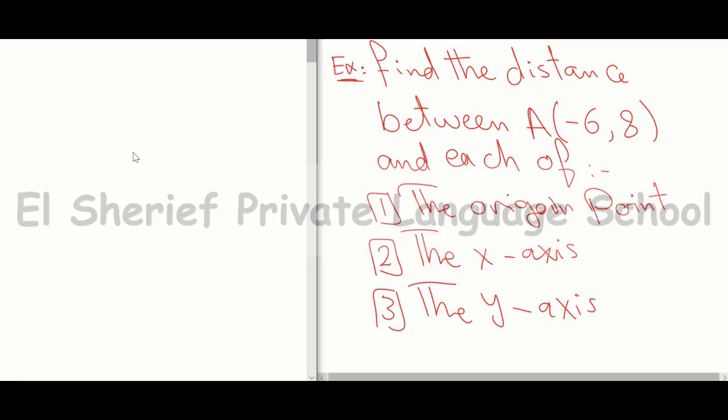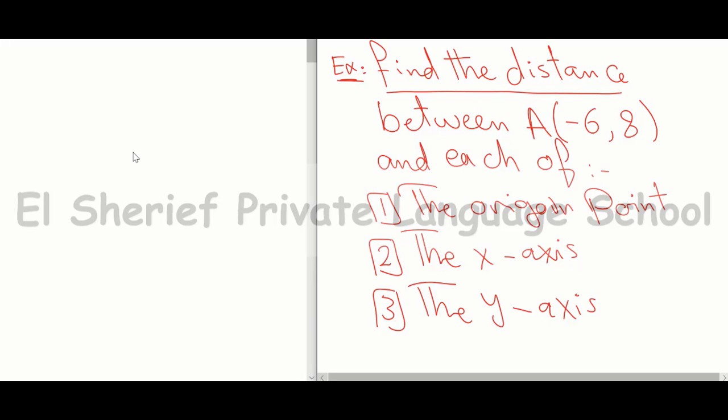Look at this example. Find the distance between point A, its coordinates negative 6 and 8, and each of number 1, the origin point, number 2, the x-axis, number 3, the y-axis.